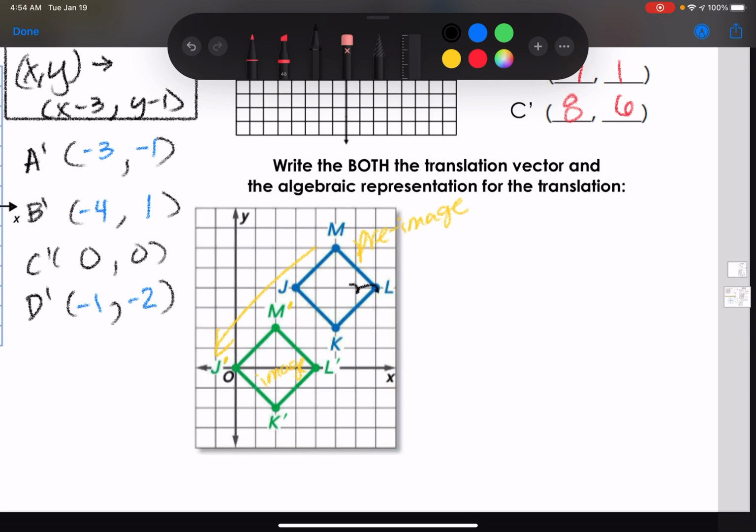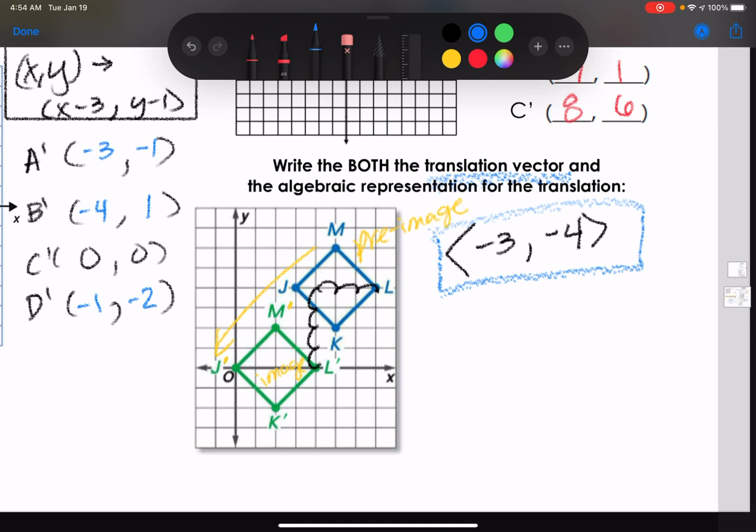So we're going left, 1, 2, 3. And we're going down 1, 2, 3, 4. So here's our translation vector right here.